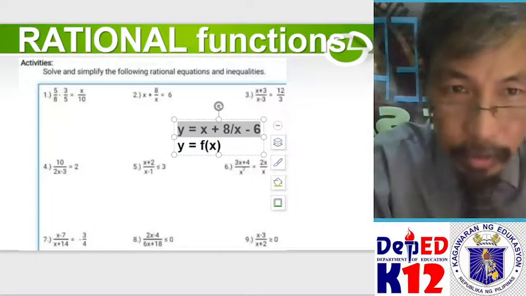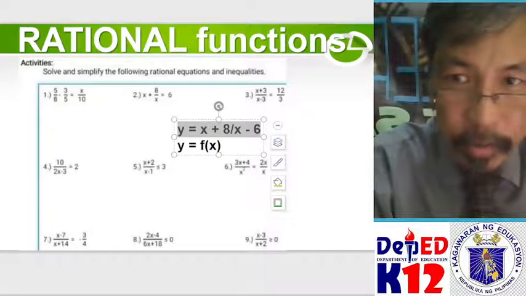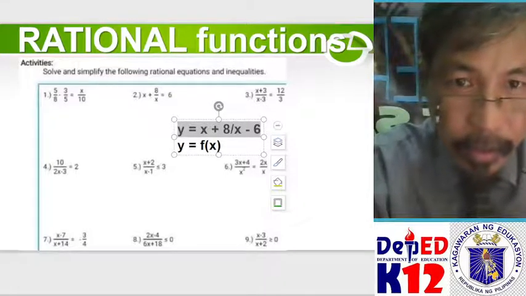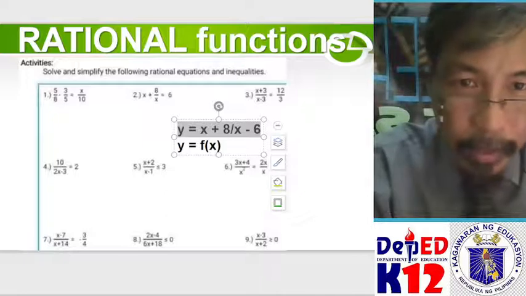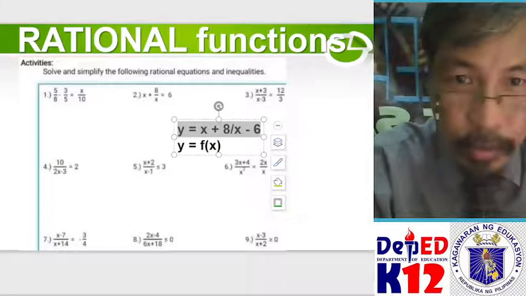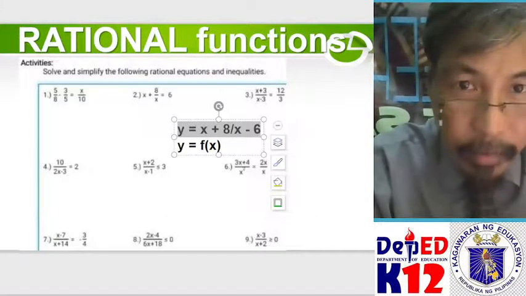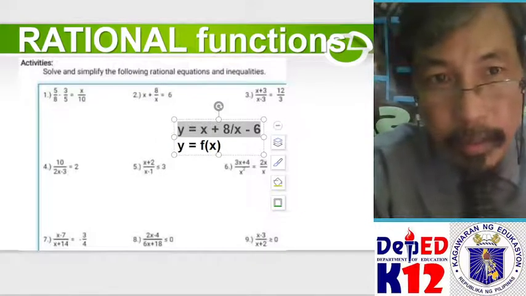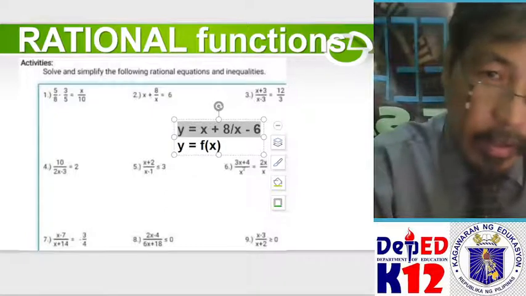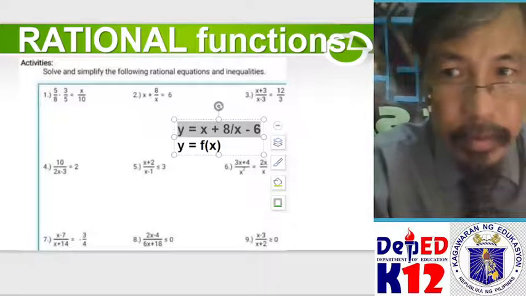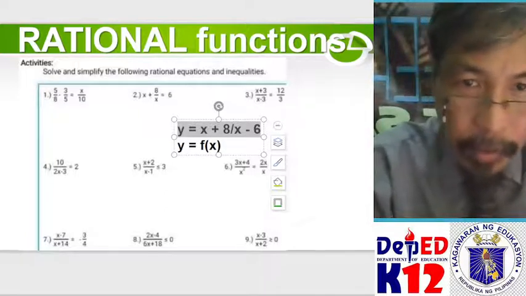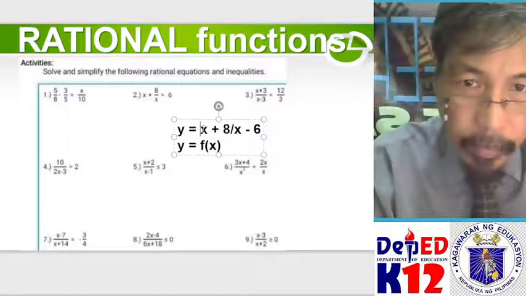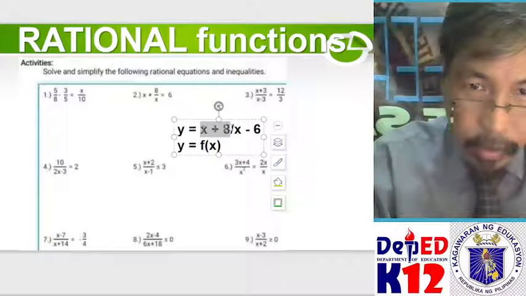Do you know the difference between function and equation? The function is x plus 8 over x minus 6. But since we introduce an equal sign, that is now a rational equation. This one in the gray block is a very good example of a rational function.